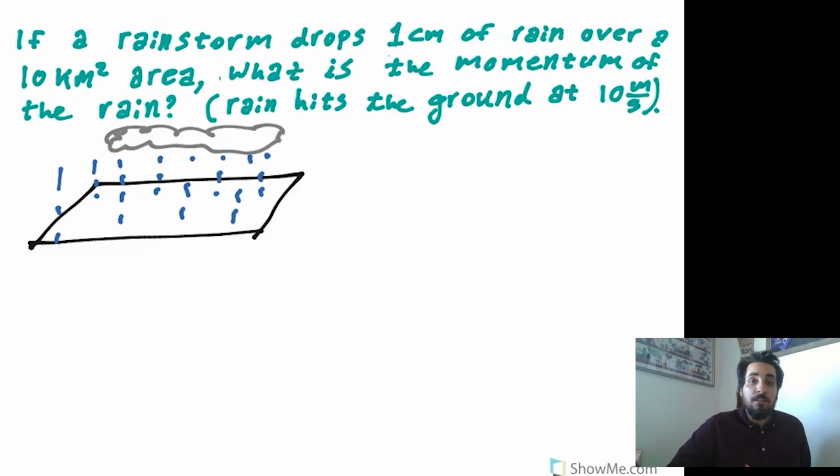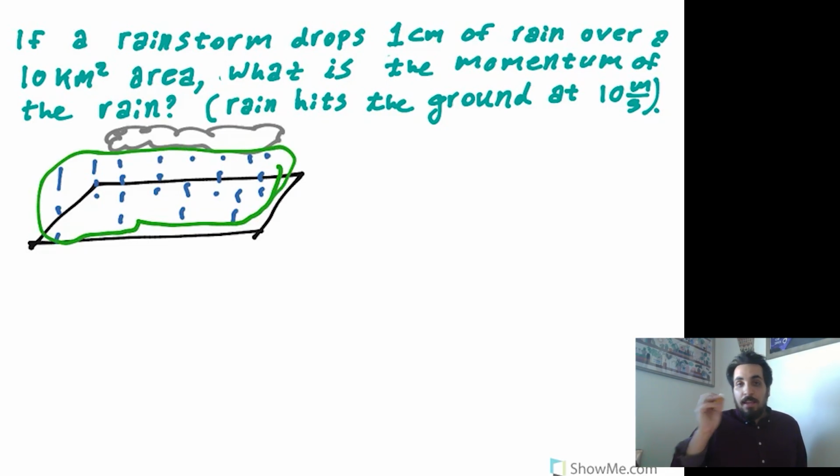And the question is, what is the momentum of the rain? So we are asking, what is the momentum of multiple objects in a system? When we take a look at this system, well, the system is going to be comprised of all of the raindrops that are present.